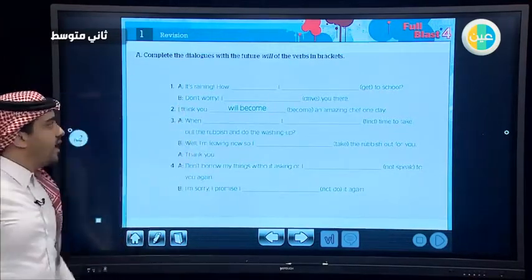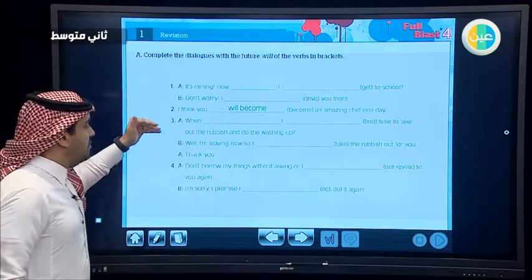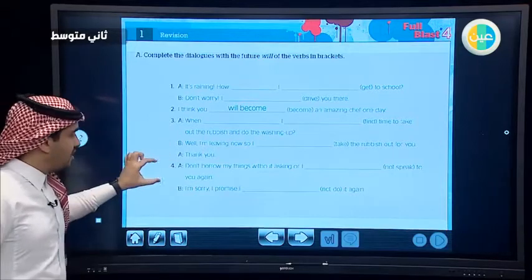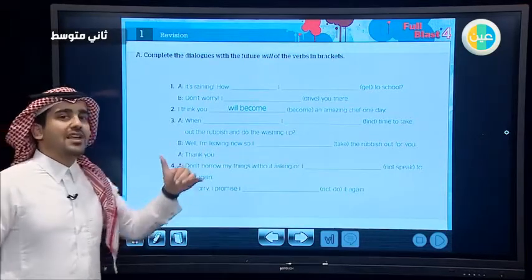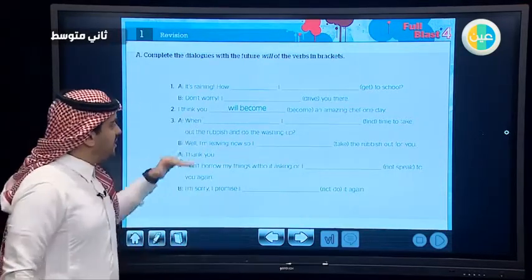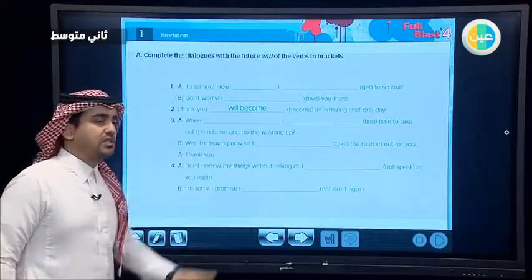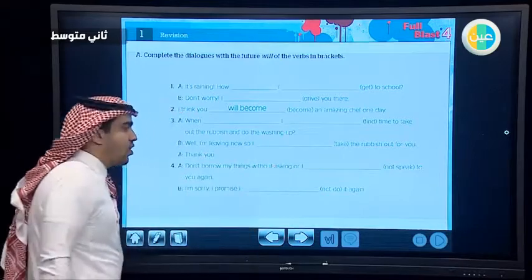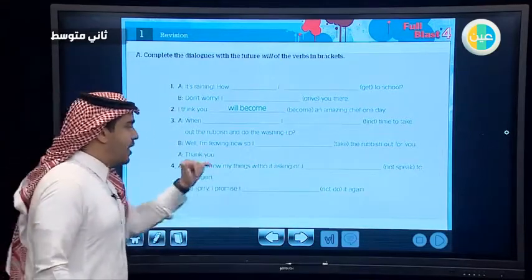Now let's go to question number 4. I go randomly because I chose number 4 since it's the negative form. Let's start with the affirmative, then negative, then we'll go back to questions. Number 4: don't borrow my things without asking, or I blank to you again.